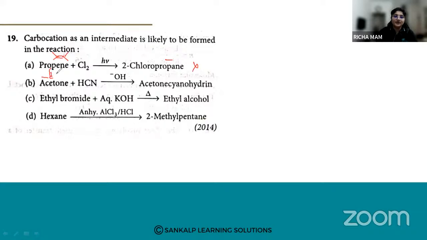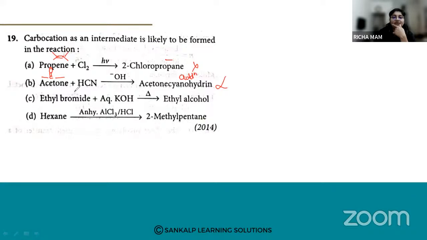Then you have acetone, a ketone, and you are adding hydrogen cyanide. This is an addition reaction, so here also there is no carbocation intermediate formed. Then ethyl bromide plus aqueous OH. This is a substitution reaction.